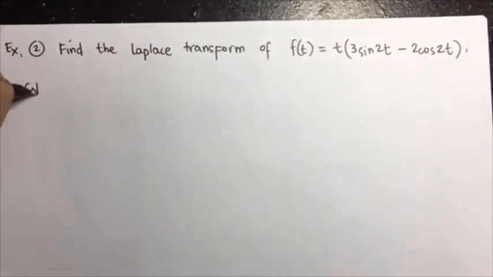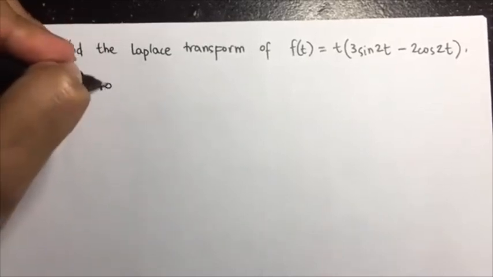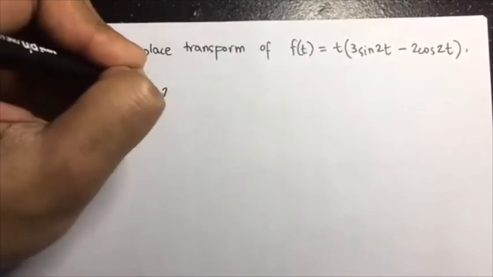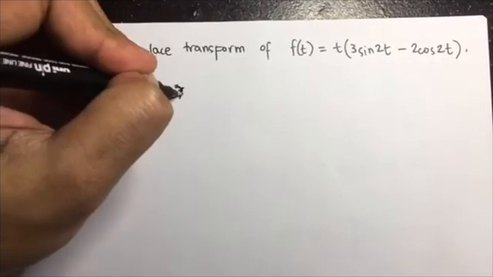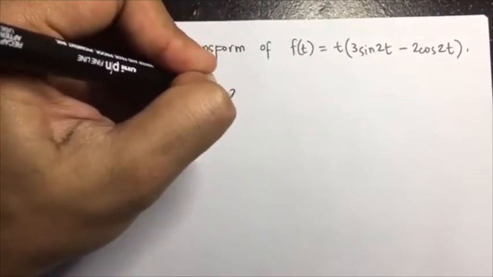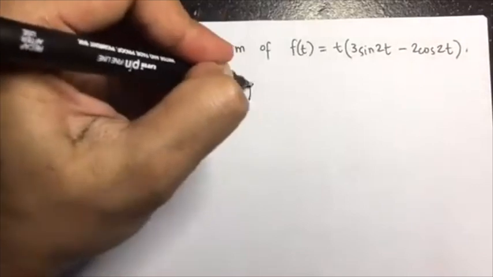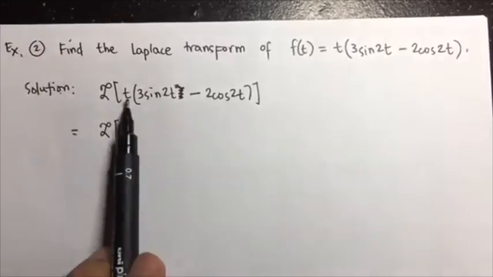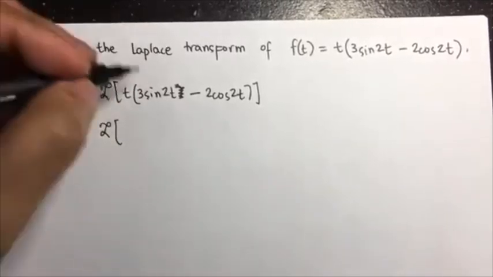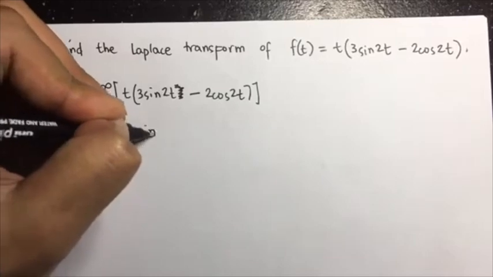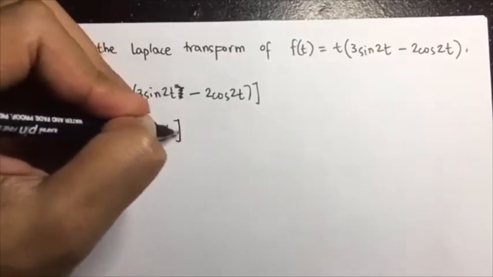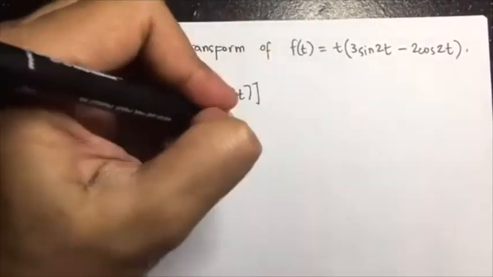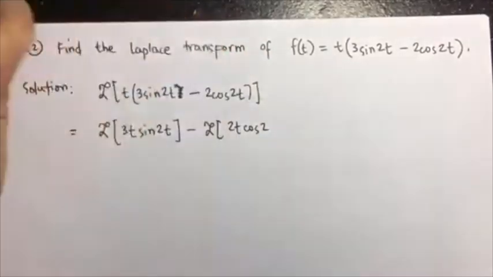So, solution: the Laplace transform of t times 3 sine 2t minus 2 cosine 2t is equal to, distributing the Laplace transform and also distributing t, the Laplace transform of 3t sine 2t minus the Laplace transform of 2t cosine 2t.